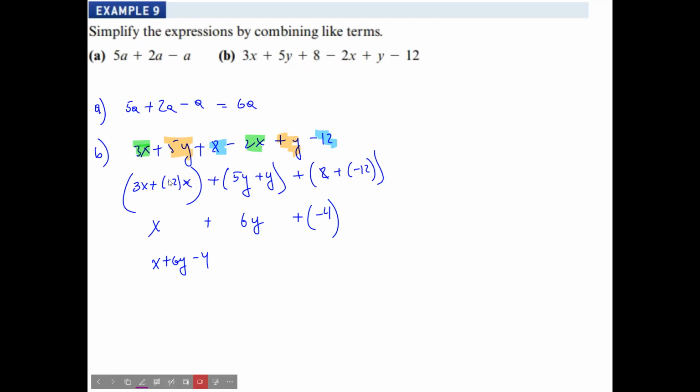If you skip those baby steps playing with minuses, you can write like that: 3x minus 2x plus 5y plus y plus 8 minus 12. And the result will be x plus 6y minus 4. You did the same thing, though, right? Yes. Well, except I didn't play here with plus minus 2. Here I put right away minus 2. Okay?